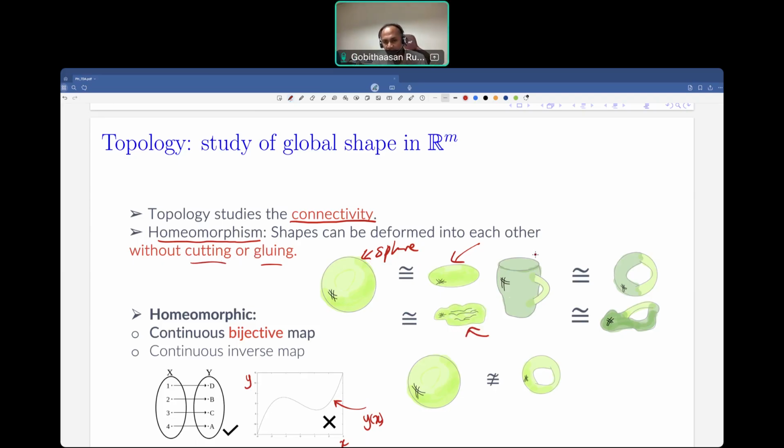Now let's look at a cup, a coffee cup, right? This coffee cup is homeomorphic to a torus, a filled torus. What it means is, there's a hole here, the handle has a hole, and that hole reflects this big hole of the torus.